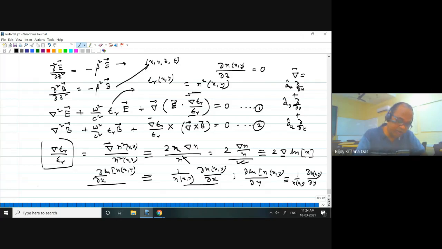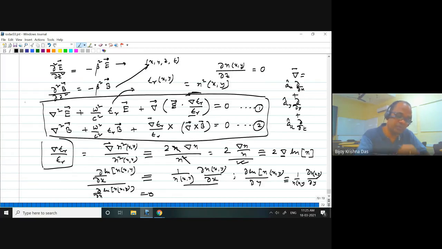But if I find another equation with respect to z, del z of ln n(x,y) must be equal to 0, because the refractive index along the z direction is not varying. So I know this. These are the information. My intention is to solve these two equations, but all this is just some pre-work to solve that. Okay, so let us move on.